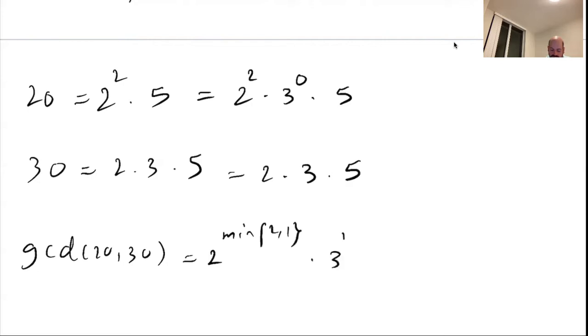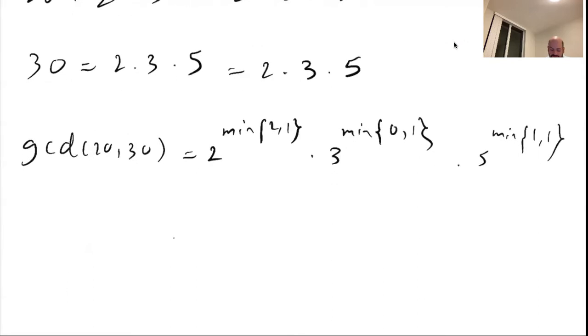Then 3: we choose the minimum between 0 and 1, right? Because for 20 the power of 3 is 0. And then 5, the minimum between 1 and 1, because both powers are 1 in the case of 5. So this is 2 to the power 1 times 3 to the power 0 times 5 to the power 1. And that's 10.